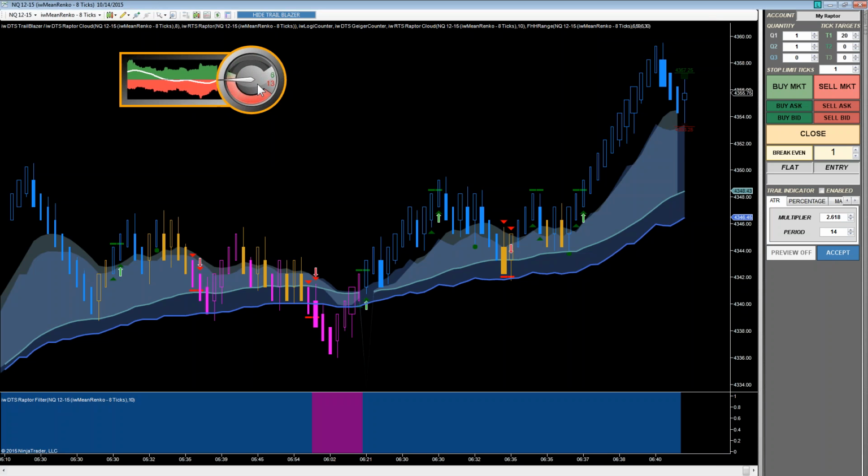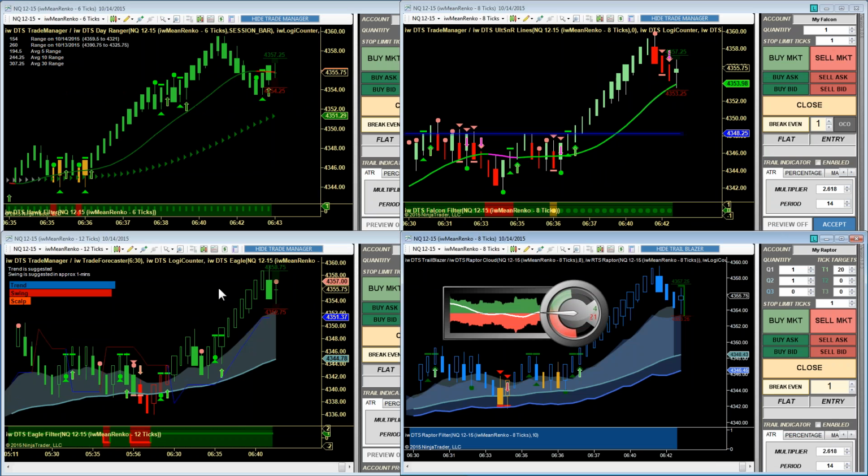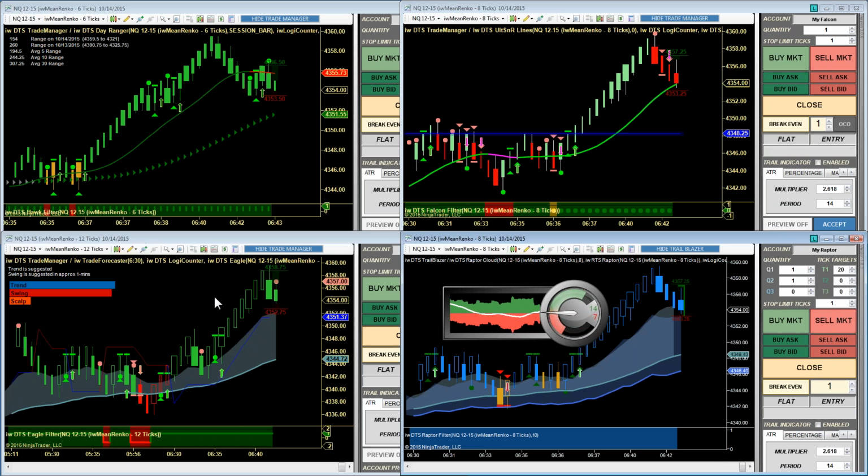And what that tends to show us is stop running, actually, that the buyers and or sellers may be trying to run some stops before reversal. Okay, so now we're back at some resistance.